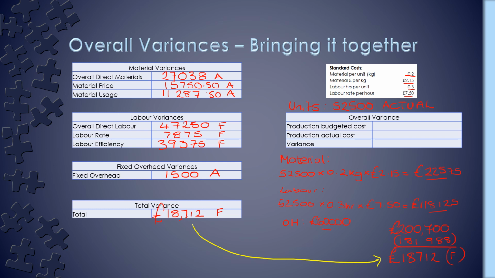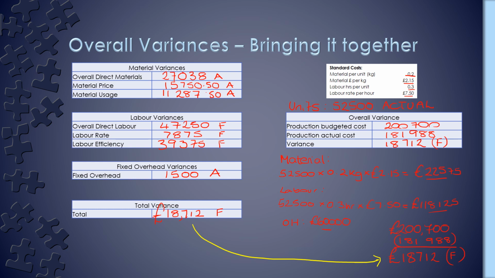So your production budgeted cost for your actual production is 2,700. Our actual production was 181,988, and that's our variance there.